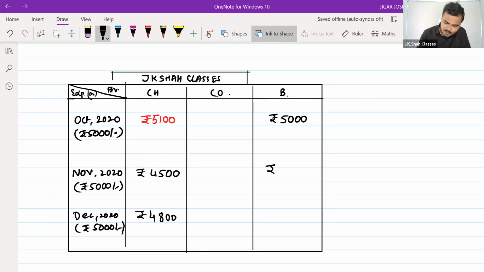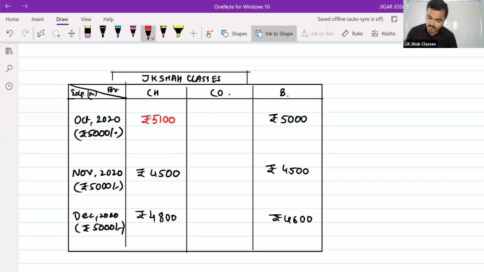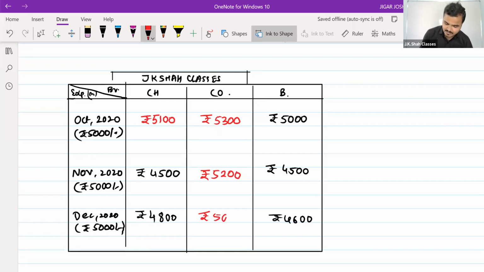Second month expenses were 4,500. Third month expenses were 4,600. Let's talk about my favorite Coimbatore branch also. First month expenses 5,300. Second month expenses 5,200. Third month expenses 5,600.